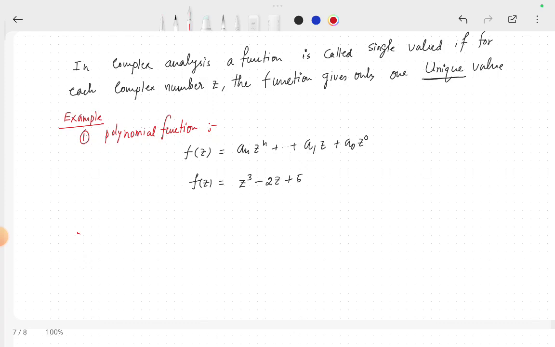Let's say another example. That is rational functions. I hope you already know the meaning of rational functions. Like f of z can be written as p of z upon q of z.